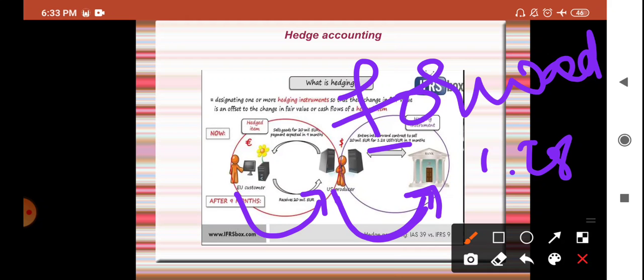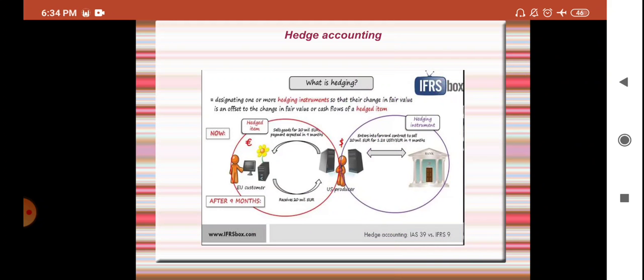This is the current rate he wants after 9 months also, because he fears that the foreign exchange rate may decrease. So he is making a forward contract for 9 months to receive the 20 million European currency at 1.28 US dollars.